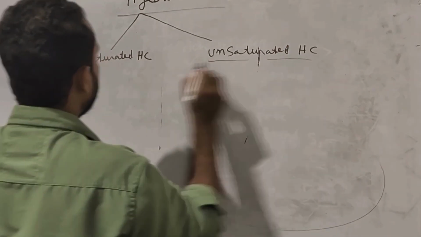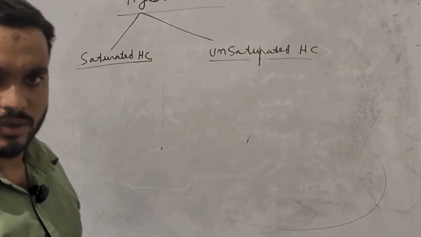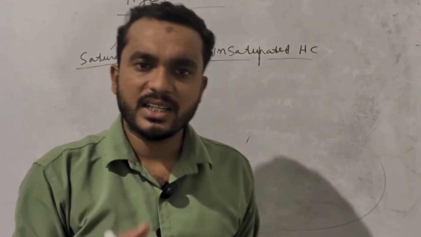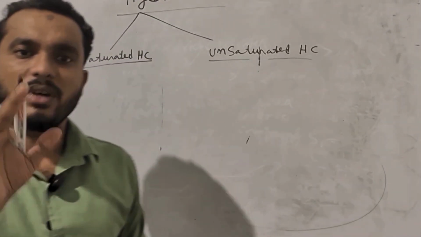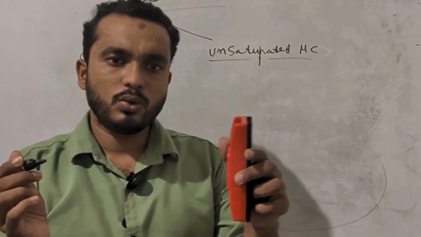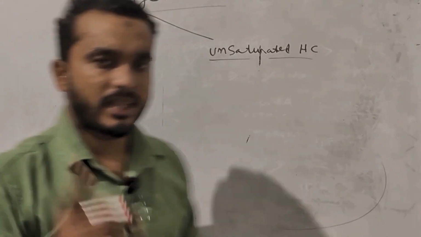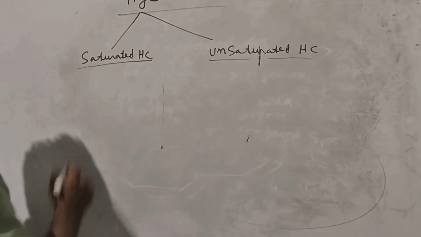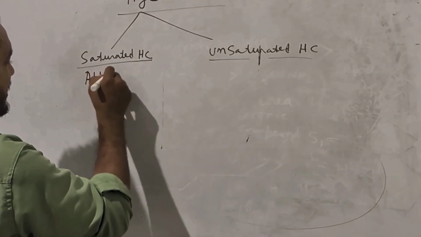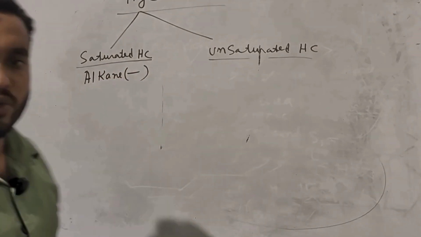Actually, saturated hydrocarbons are those hydrocarbons in which there is a single covalent bond. I mean, in between the two carbons there will be a single covalent bond. The example of saturated hydrocarbon is alkane, which is made up of only single covalent bonds.